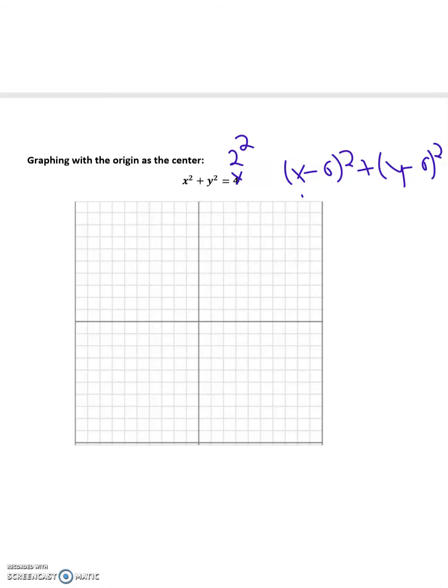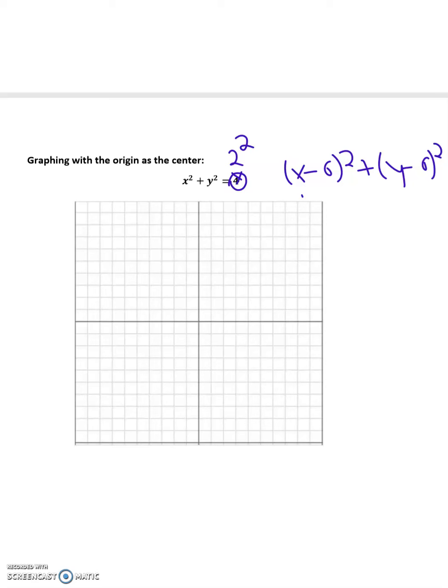So our radius here is actually 2, not 4, which is something good to keep in mind because you might get tripped up on that kind of thing. Remember, the number after the equal sign is your radius squared.